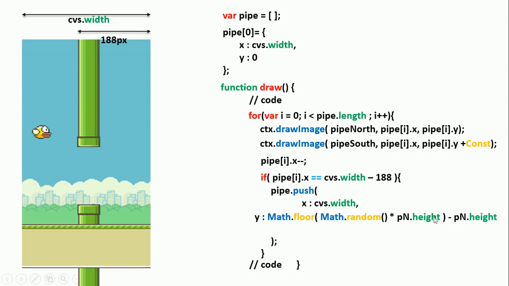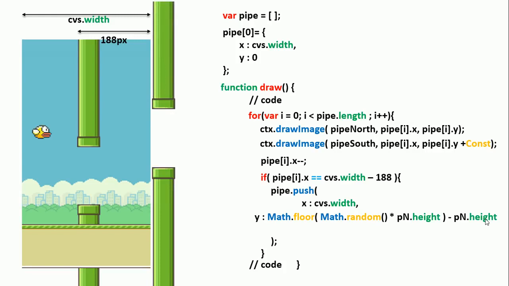So in this case we will get numbers between 0 and minus the pipe height. And so then we will get new pipes, for example, right here, and so on. When these pipes reach this position, we will push new coordinates to our pipe array.